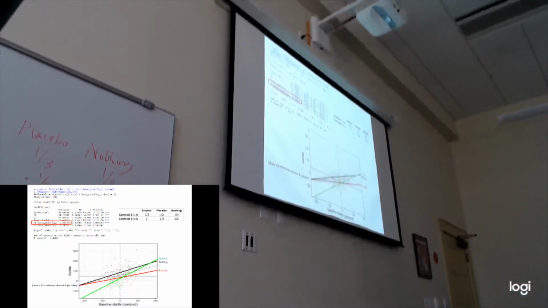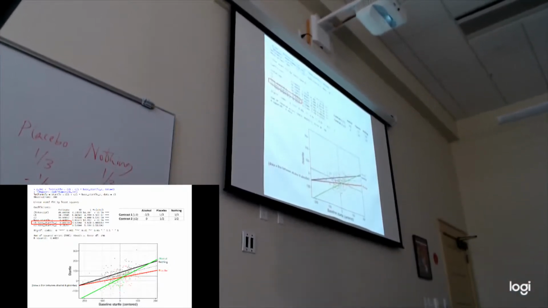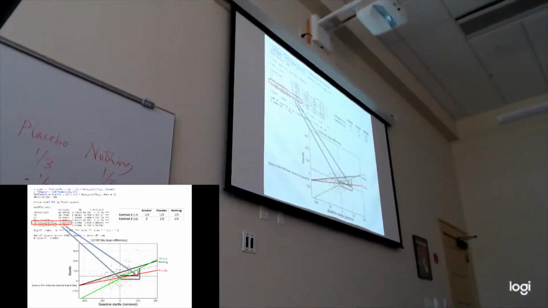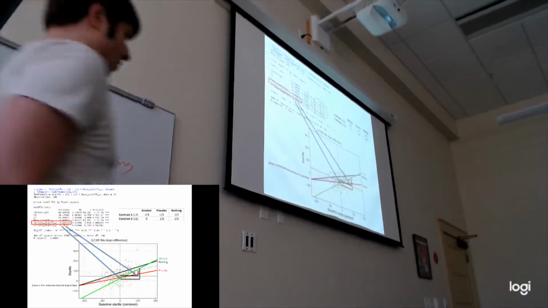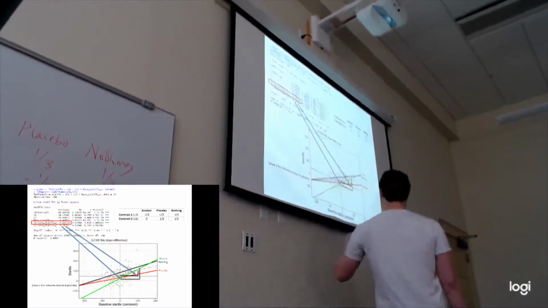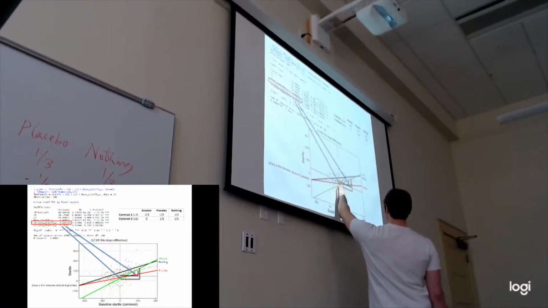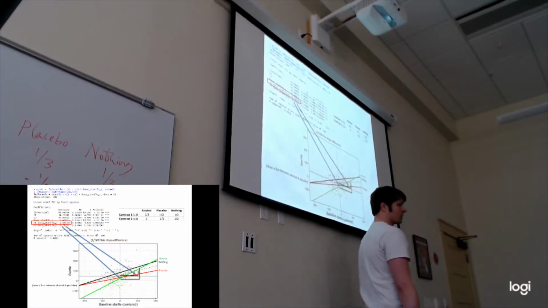Difference between the slope of that line and the slope of the alcohol line. Absolutely. So it's how the slope of the alcohol changes if I move to the average of placebo and nothing.